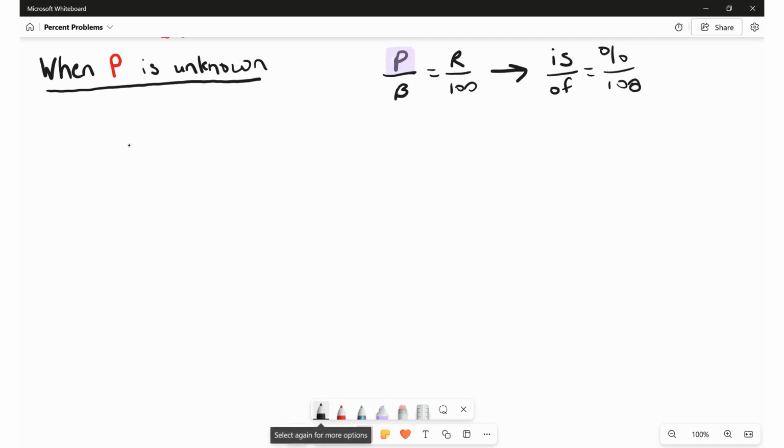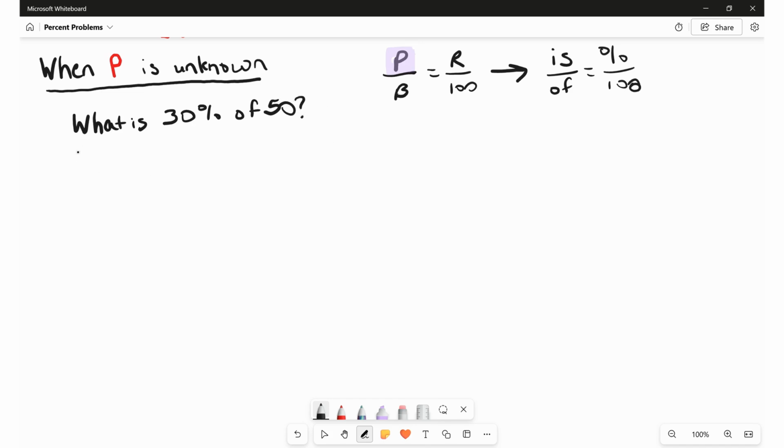So some ways that we might see this written. And these are all equivalent ways of writing or interpreting this. So we could see: what is 30% of 50. Okay.